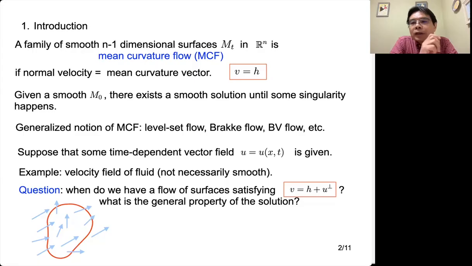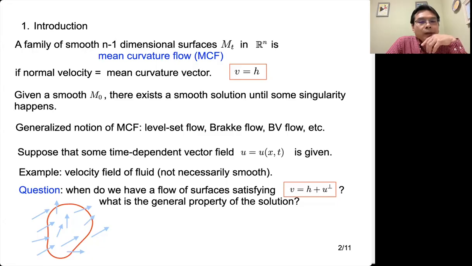So the motion law is slightly changed from mean curvature flow to this motion law, where not only do the surfaces move by mean curvature, but you also have this flow field which pushes the surfaces along as they move. I'll be interested in existence, and also regularity and, if possible, uniqueness and so forth. So that's the question I want to ask.